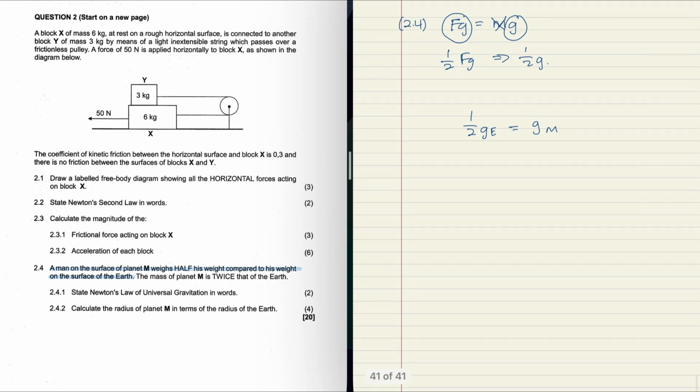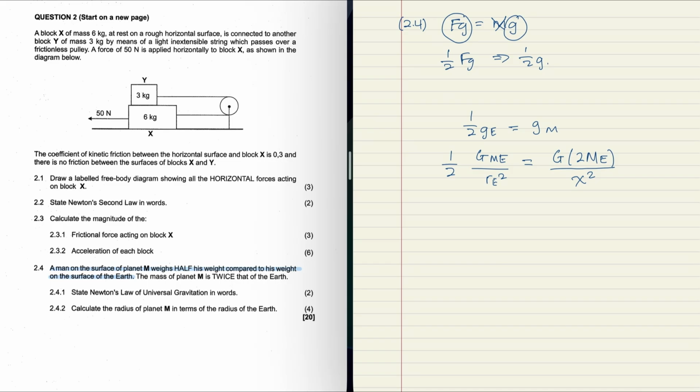So half is going to be G M_E, the mass of Earth, divided by the radius of Earth squared. And that's going to equal capital G, and the mass of planet M is 2 times the mass of Earth, so I'm going to put 2 M_E divided by, and we don't know its radius, so let's call that x, so x squared.